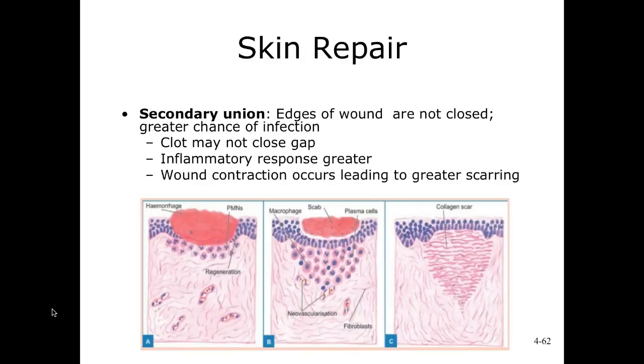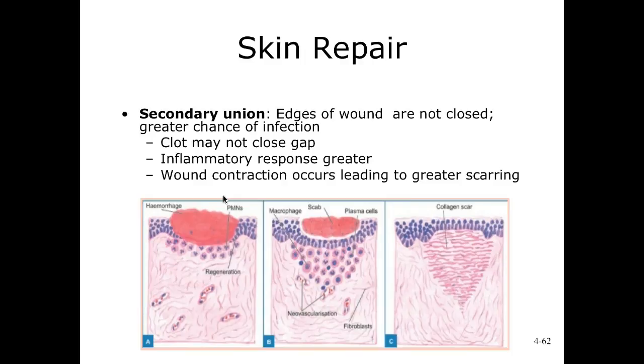With that, we're also going to have a greater amount of granulation tissue that's going to form because we have this larger gap that we need to close up. This causes a contraction of our fibroblasts within this granulation tissue, leading to wound contraction. Our wound contraction is going to result in disfiguring and debilitating scars.